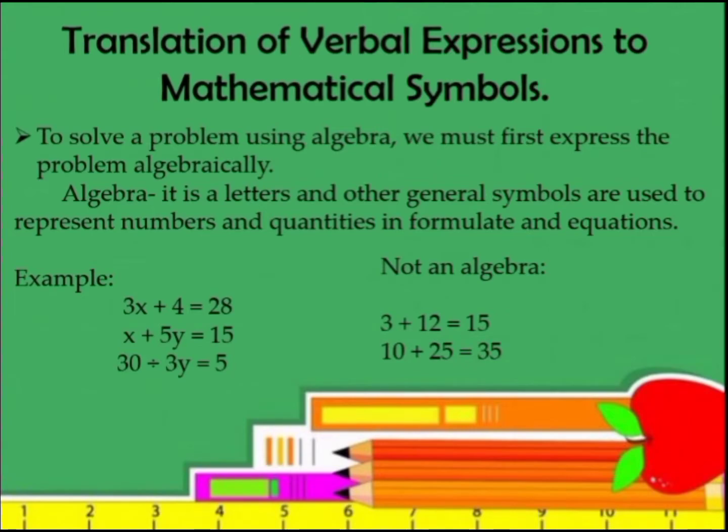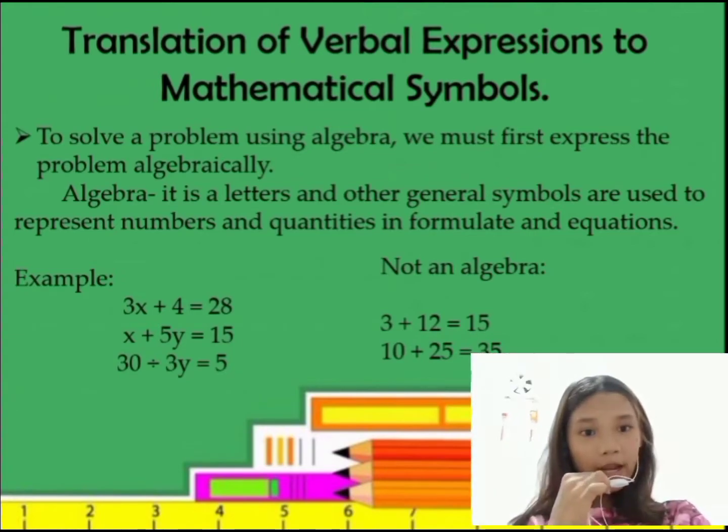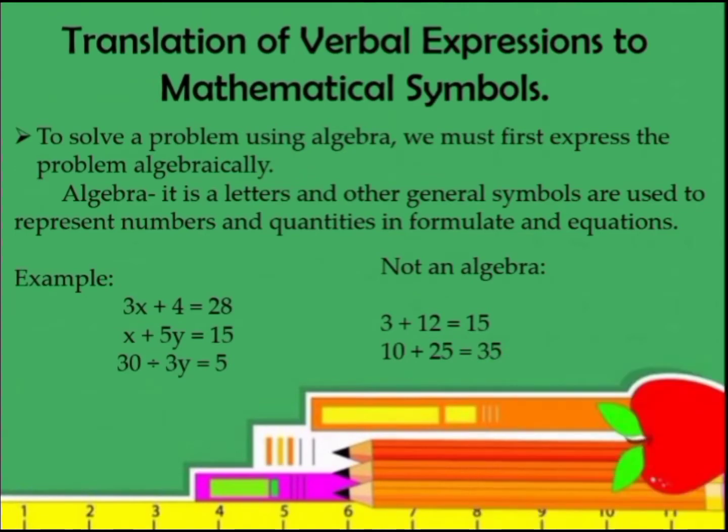Based on the examples, what do you think is the difference of the examples on the right side and on the left side? Yung algebra po, may letter at symbols kasama ng numbers. Very good, Julian. An example of algebra shows a number with letters and symbols.